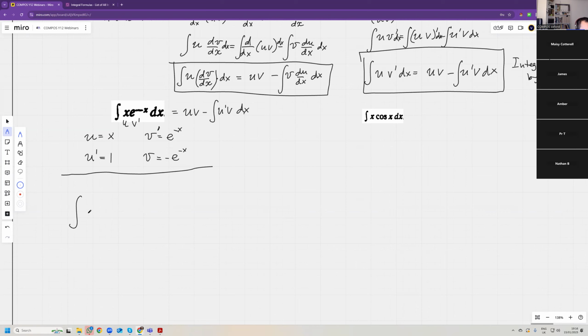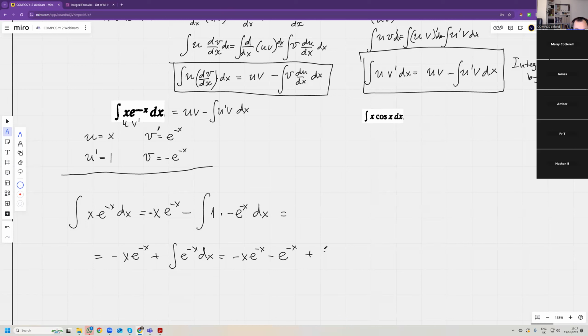So the integral of x e to the power minus x dx must equal to uv, so that's x multiplied by e to the power minus x, minus the integral of u dash, so that's 1, multiplied by v, which is minus e to the power minus x dx. And this integral we know how to do. So minus x e to the power minus x plus the integral of e to the power minus x dx. So that's minus x e to the power minus x minus e to the power minus x plus c. Done.